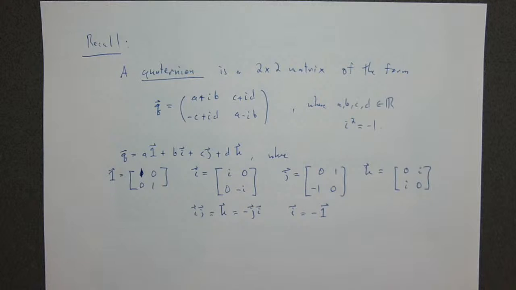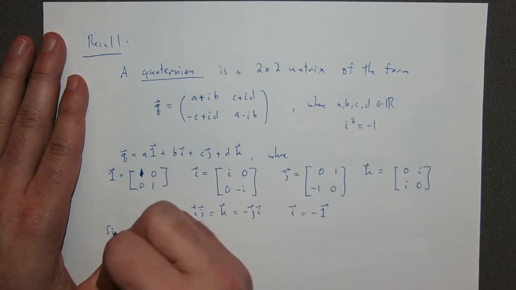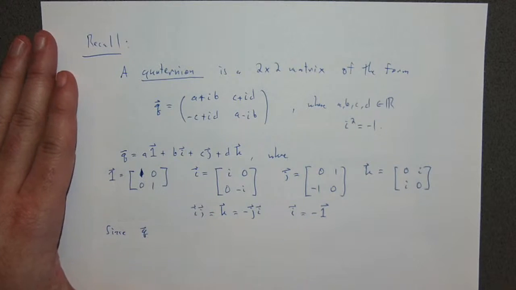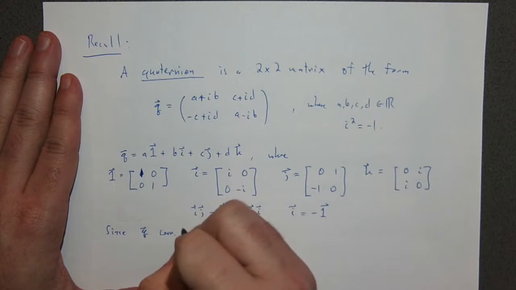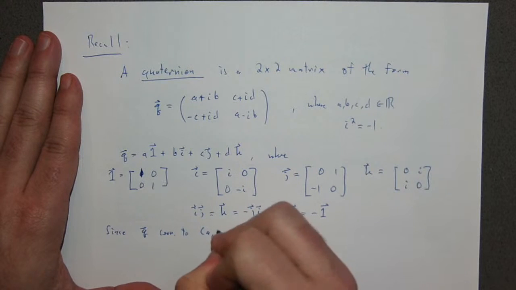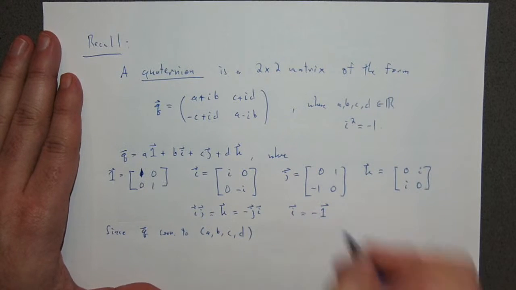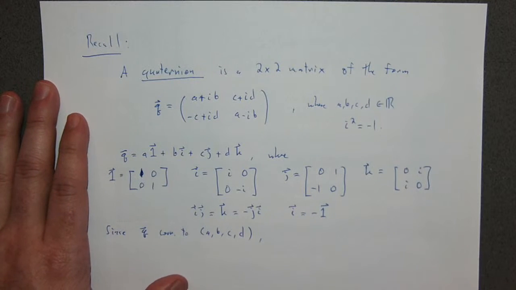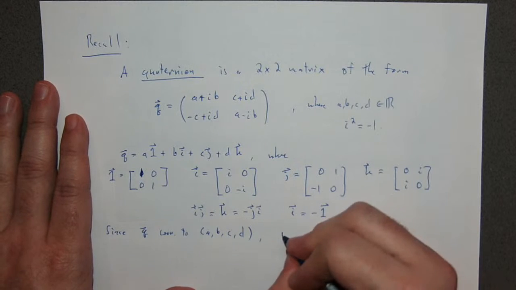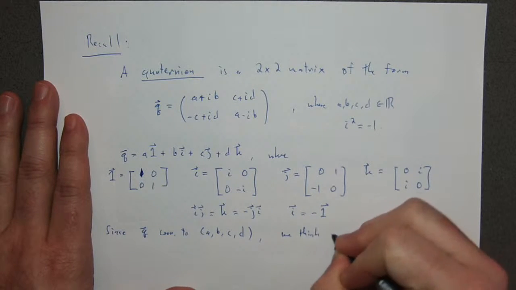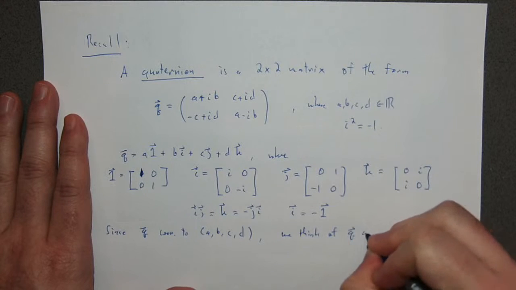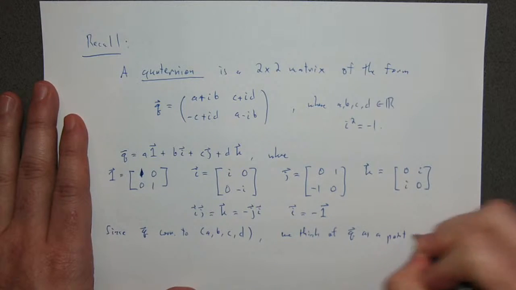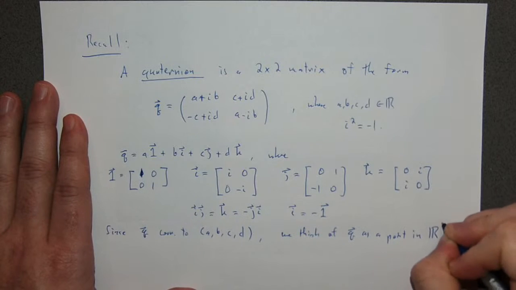Since Q, a generic quaternion, corresponds to a quadruple of real numbers a, b, c, d, we think of a quaternion Q as a point in R4.